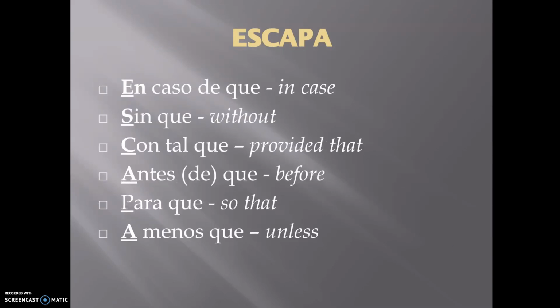Where you see the mnemonic device on the first page of your notes packet, you need to make sure that you write down accurately each conjunction in Spanish and its English translation so that you know what you're talking about. We have en caso de que, which means in case, sin que, which means without, con tal que, which means provided that, antes de que, which means before, para que, which means so that, and a menos que, which means unless.